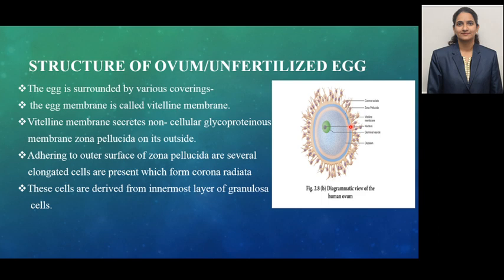Adhering to the outer surface of the zona pellucida are several elongated cells. You can see these long elongated cells outside the zona pellucida. These cells form the corona radiata. These cells are derived from the innermost layer of granulosa cells.